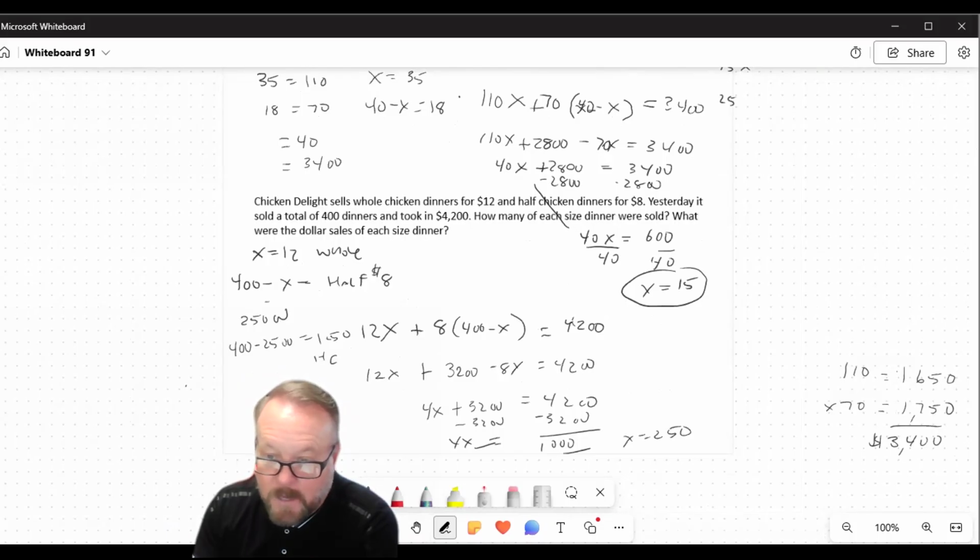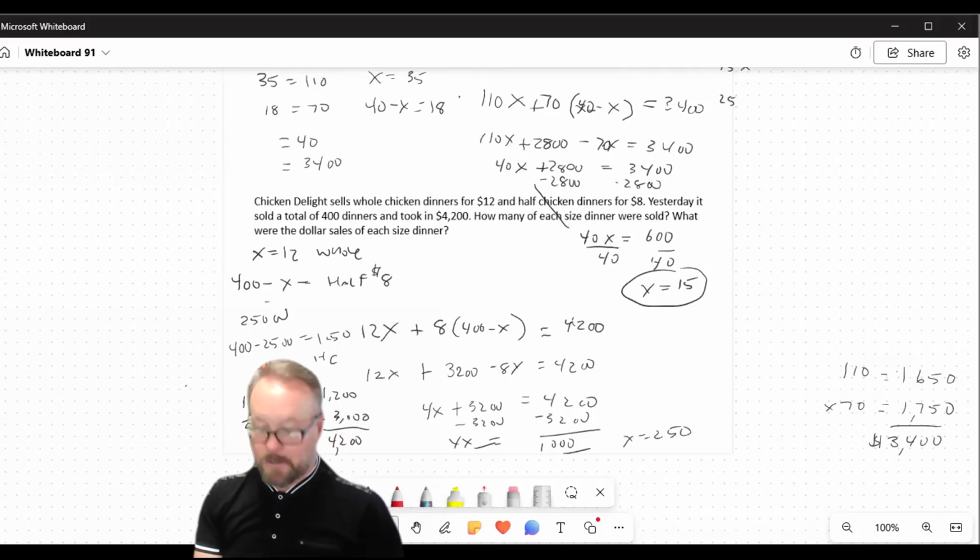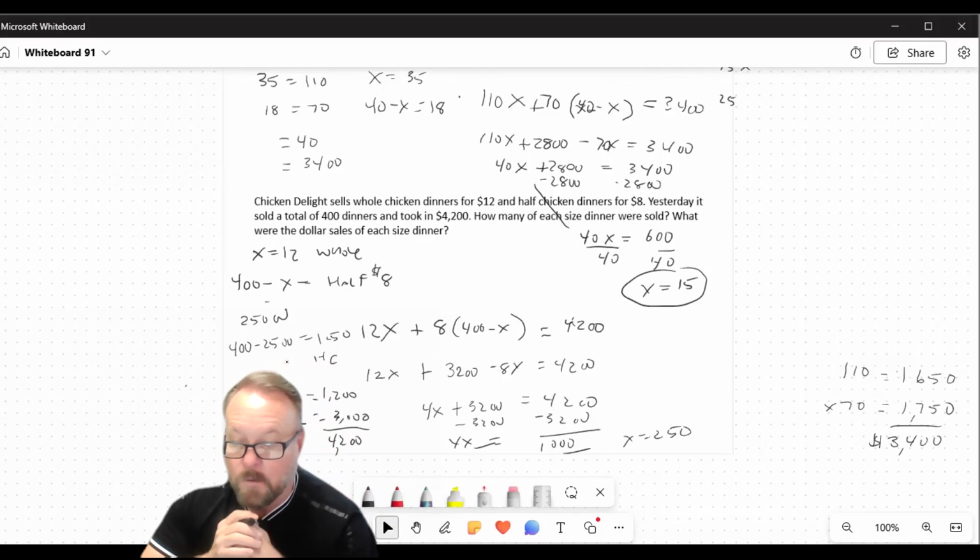All right, so if I put a dollar value to that, 150 times 8 and 250 times 12, that means this was $1,200 for these and $3,000 for these, means a total of $4,200. That's my answer. So there were 150 half chickens sold and 250 whole chickens sold.